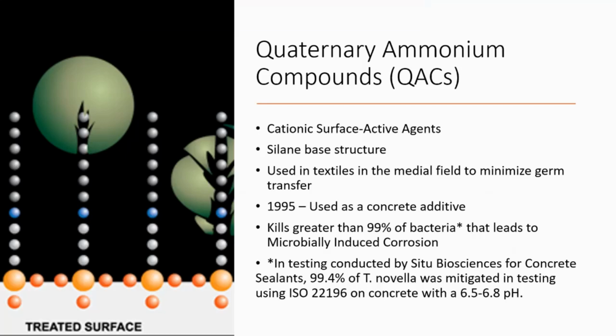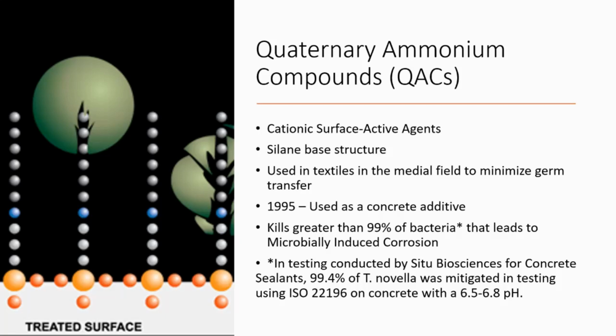These go back to the 1970s when Dow Corning discovered how to put this together with a silane molecule and an antimicrobial, and it was used in the textile industry to prevent transmission of disease from one hospital room to the next. So the textiles that the doctors wore were treated with this type of antimicrobial.